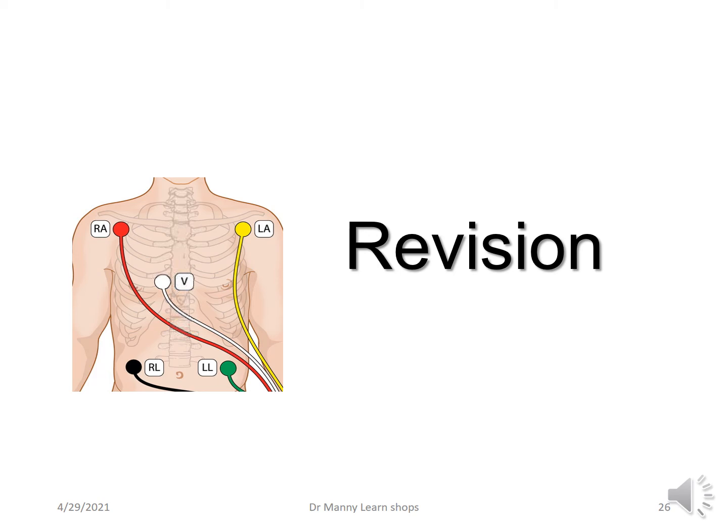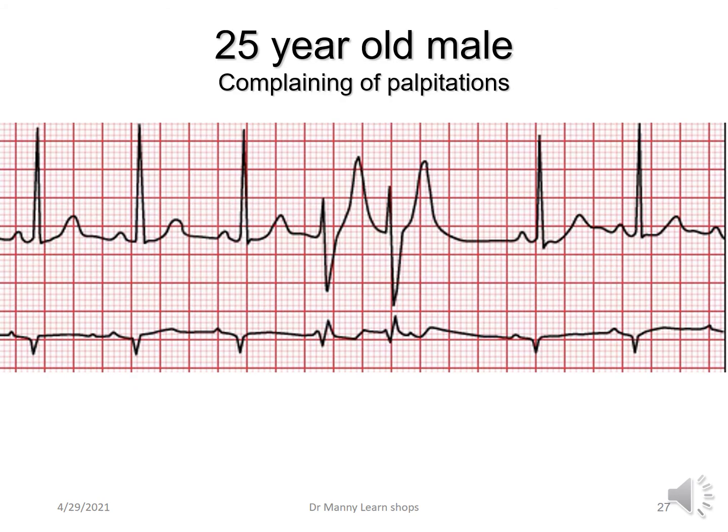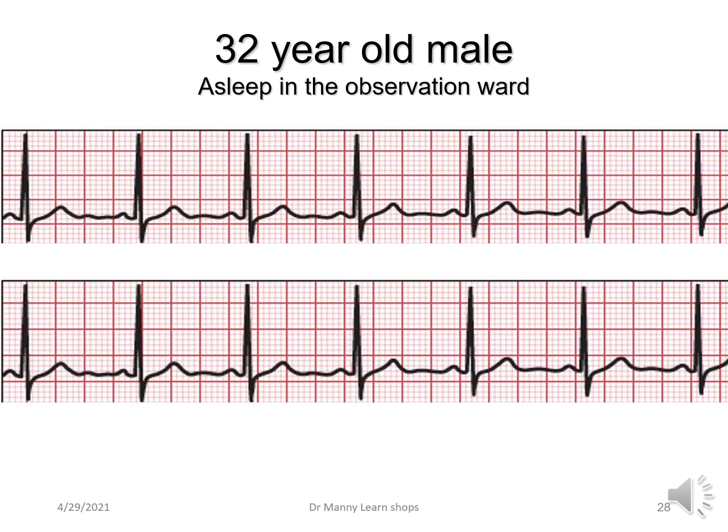So let's revise. This is a 25-year-old male complaining of palpitations. What's the problem? Well, this is sinus rhythm with couplet PVCs. Then you've got a 32-year-old male who's asleep in the observation ward. What's the rhythm?